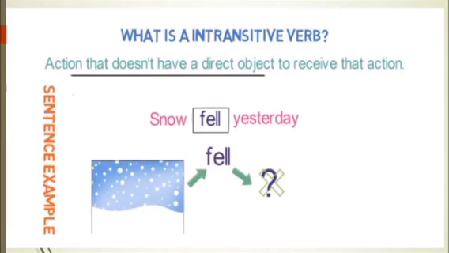"Snow fell yesterday." Here, snow is the subject and fell is the action, but we cannot say the snow fell on whom. In other words, there is no direct object to receive the action, so it is an intransitive verb.